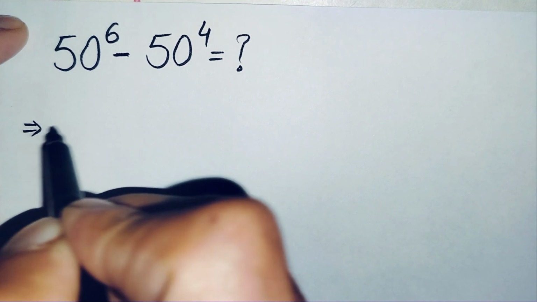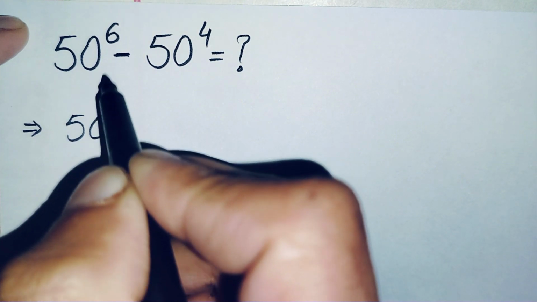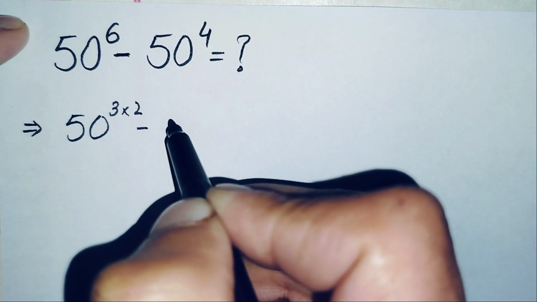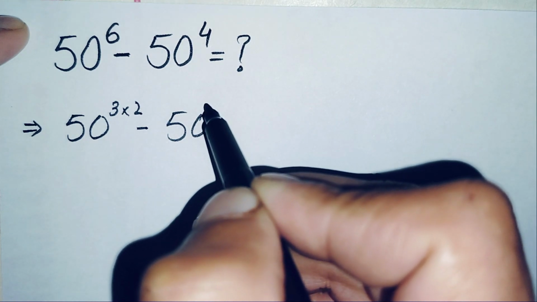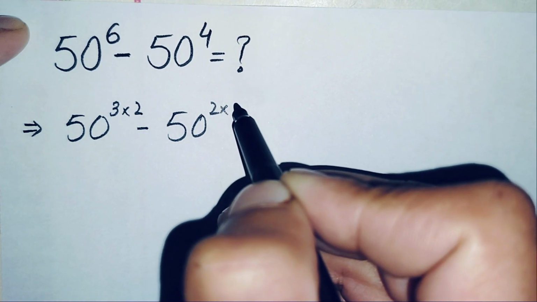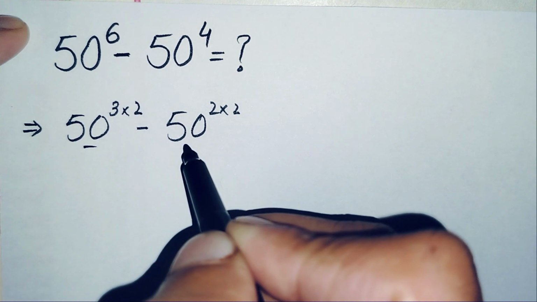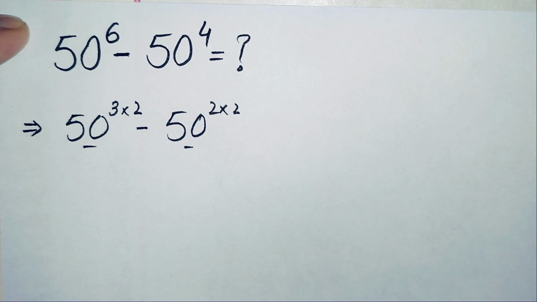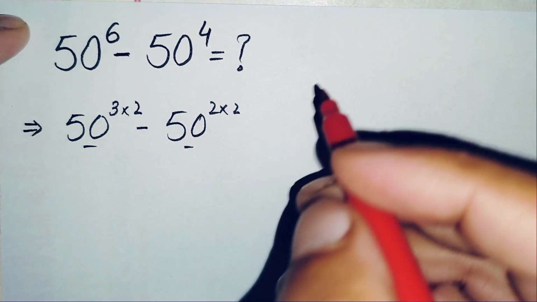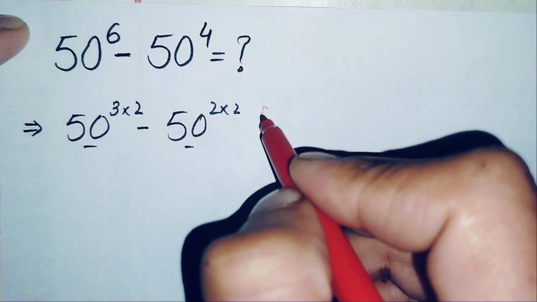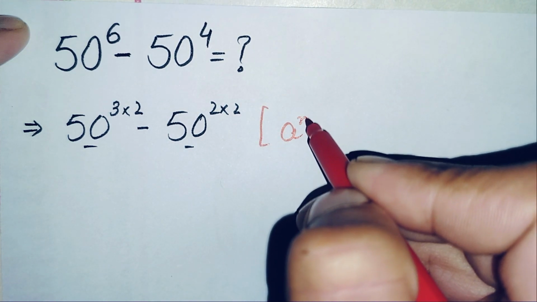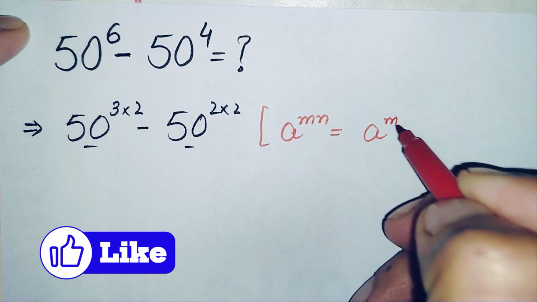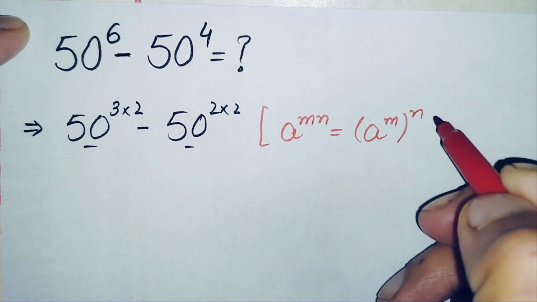Next we can write 50 raised to power 6 as 50 raised to power 3 times 2, minus 50 raised to power 4, but this 4 can be written as 2 times 2. Now in both the terms in this equation, we will use an exponential identity, a raised to power m times n, which can also be written as a raised to power m whole raised to power n.